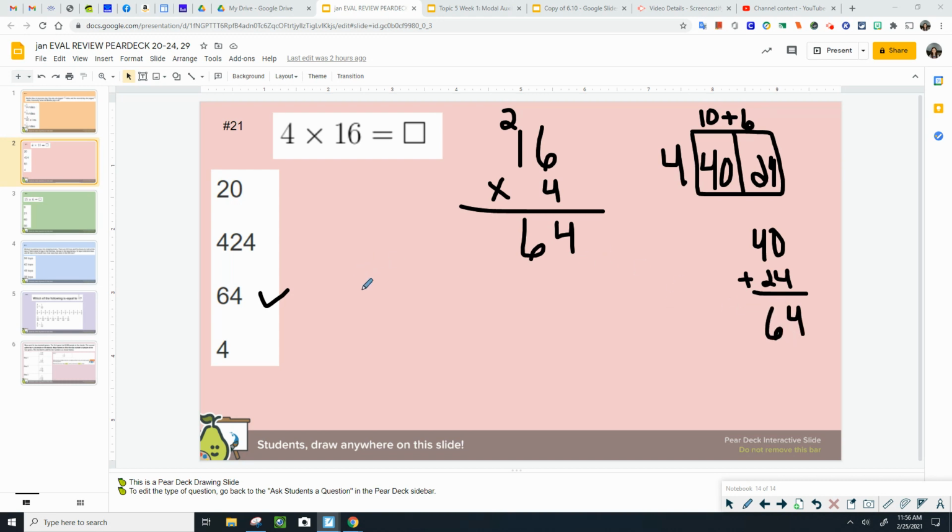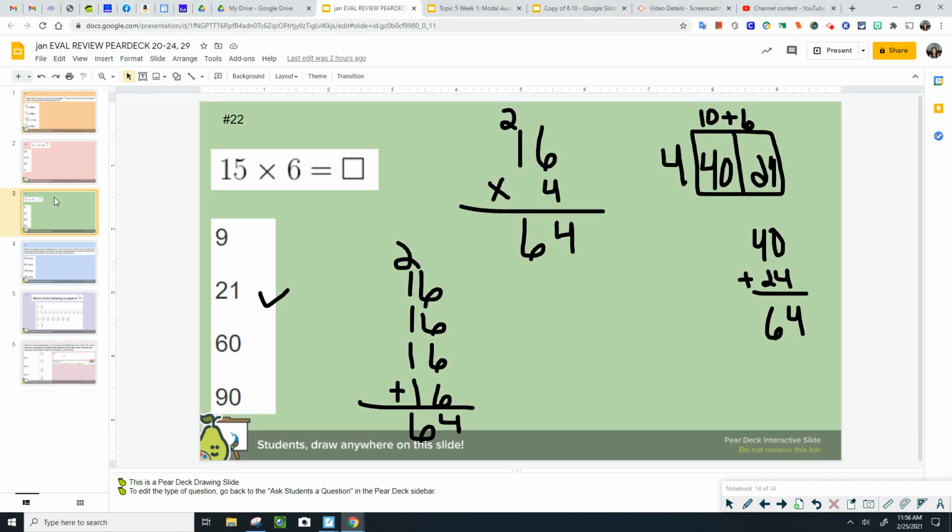So those check each other out. You could also do repeated addition. 16, and you can do that 4 times. Like that, okay? So there's lots of ways that you could solve this problem. Double check it, okay? Check yourself at least once or twice.